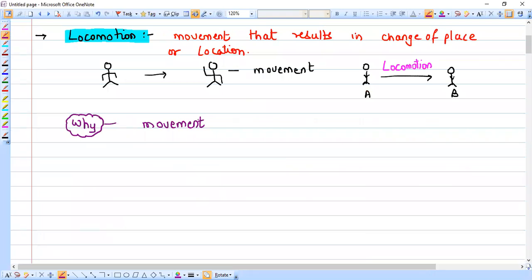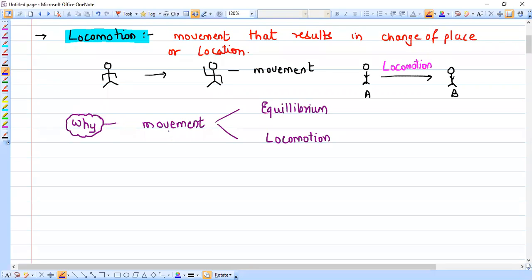But when the bike is in motion, it never falls. Why? Because movement is responsible for two important things. The very first is equilibrium. Movement results in equilibrium. And second, movement also helps in locomotion. So this is the reason why movement is required.